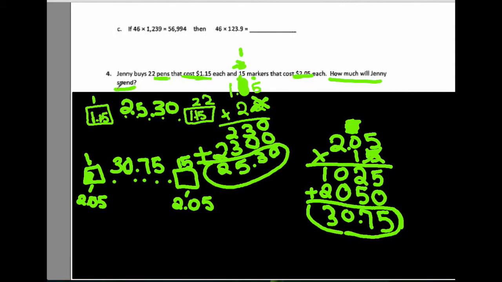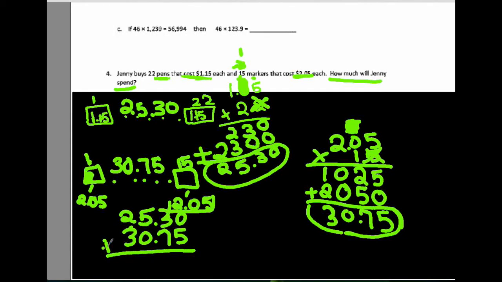If we add these two, we should get our answer. So I am going to add $25.30 and $30.75. I'm going to add them.